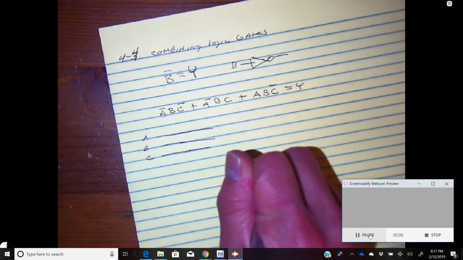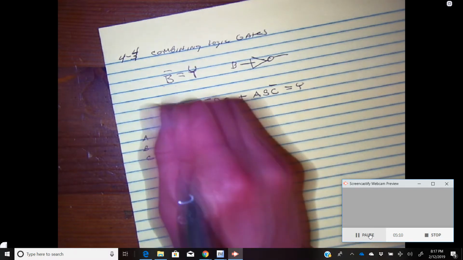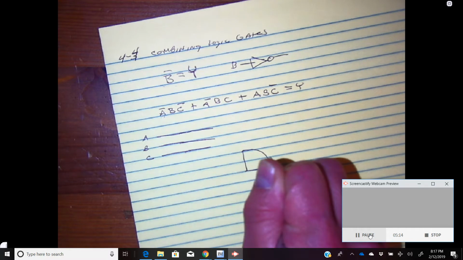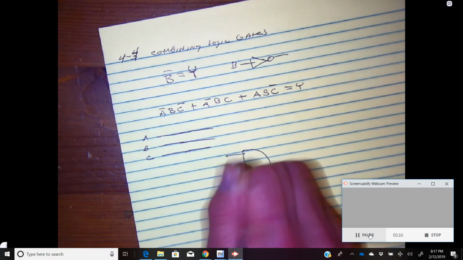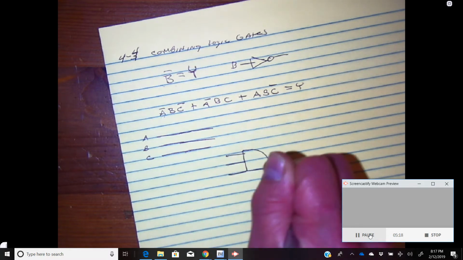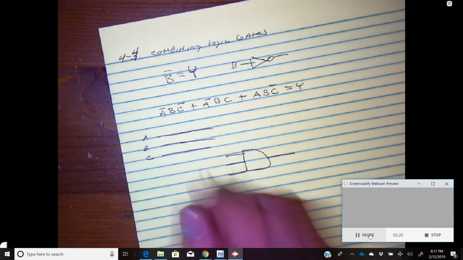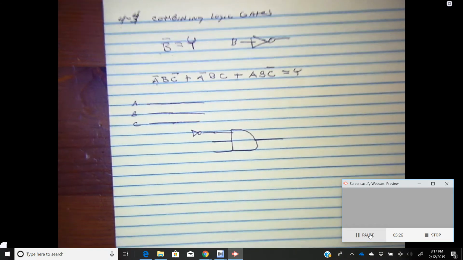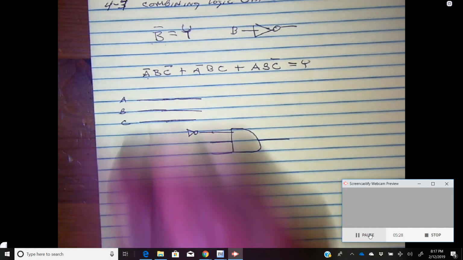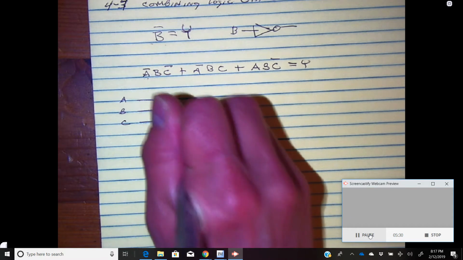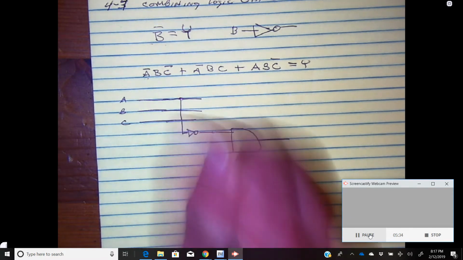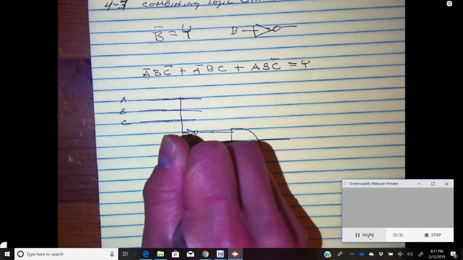And what I want to do is take my first AND gate, my first set right here, and pop in 3 inputs. There we go. So I got A, we'll call this A naught.